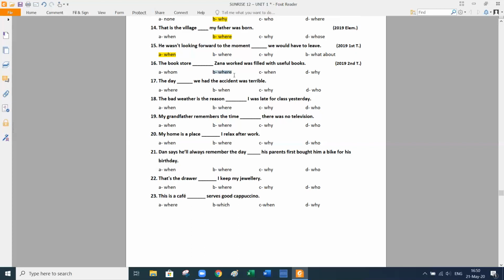So we can ask the question, where does Zana work? Or where did Zana work? As you can see, we can use the question word where to ask the question. So it means we are talking about a place. He worked in that bookstore. That would be the answer. So the bookstore, we are referring to the bookstore as a place. So we say where.